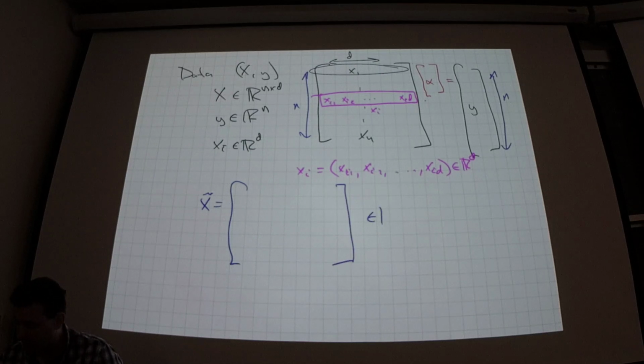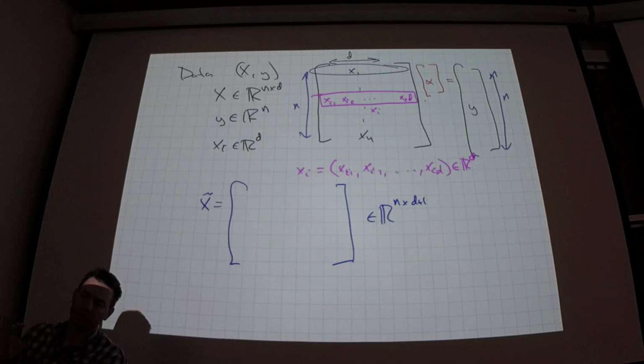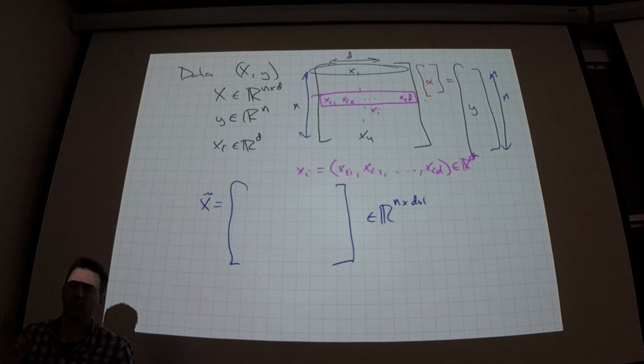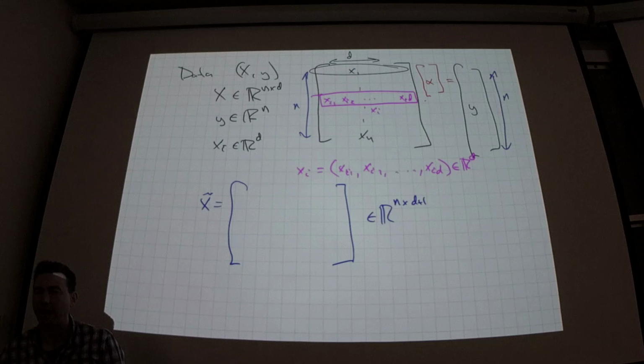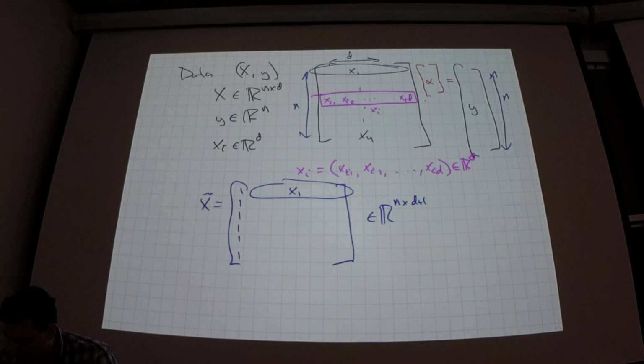So now this is in R^(n by d plus 1), a matrix instead, where the first coordinate of everything is going to be 1, and then everything before is going to be x_1, then this one is x_2.